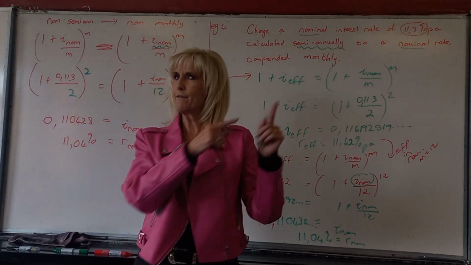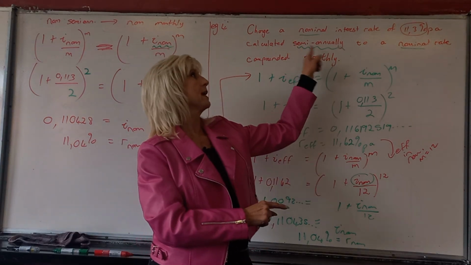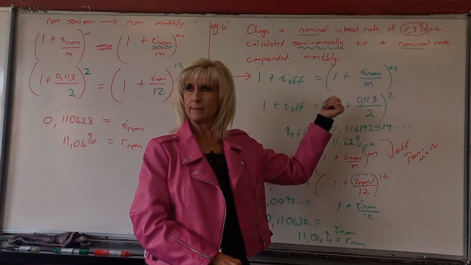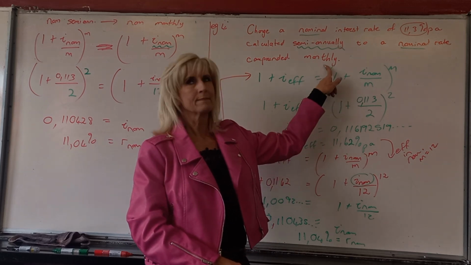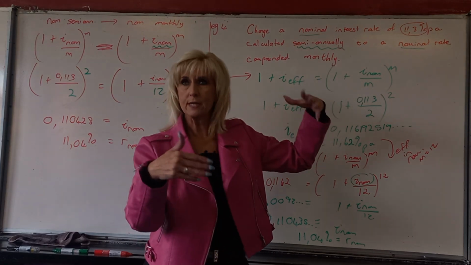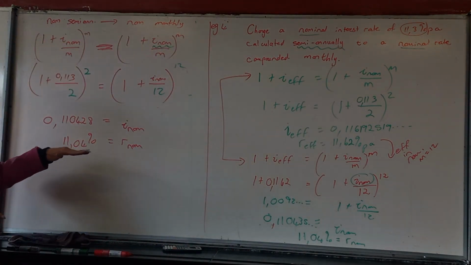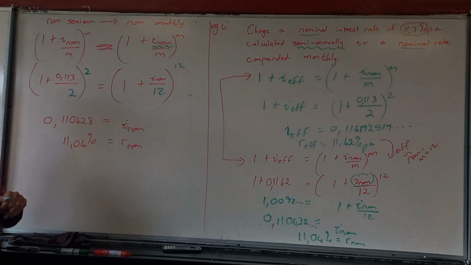And then if the bank manager gave you a semi-annually one, and you need it to be a monthly one for a reason which you'll see better next year, then you'll have to change it like this, which I haven't seen happen yet. But now you know. Are you with me, everybody? Because I'm going to give you ones like these for homework. Right.